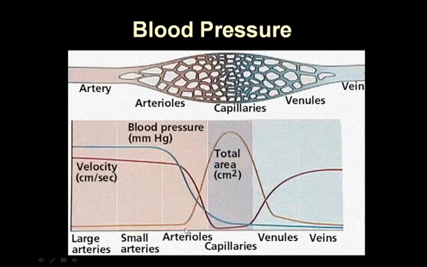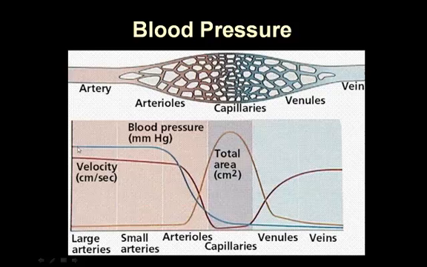If we look at the velocity, or speed at which the blood travels, you see it's fairly high moving through the large arteries. It begins to slow down in the small arteries and as it moves through the capillary network, mostly because of the large area of this network, and then increases again slightly in the venules and the veins. Lastly, blood pressure is listed here in blue.